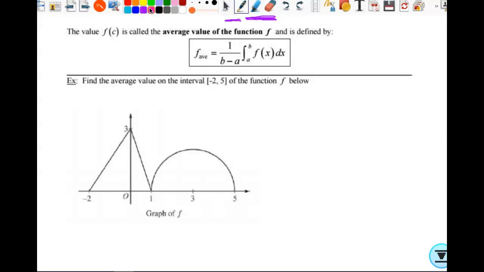All right, so that's what this is, f of AVE, although I usually use AVG for average.